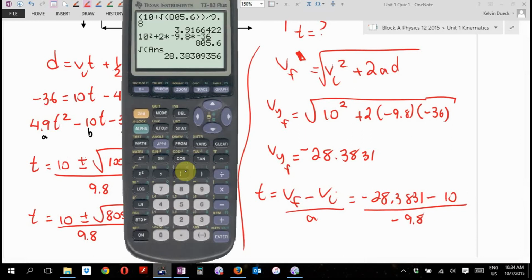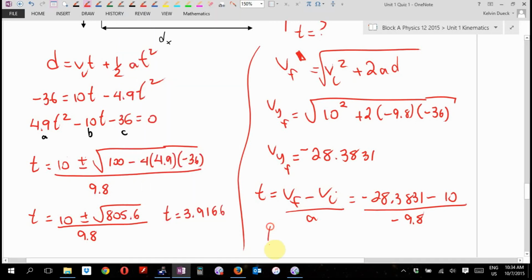Turns out I get exactly the same answer, 3.9166422 blah, blah, blah. And I'll write down T equals 3.9166. Regardless, what are we going to spend most of our time finding? Time.